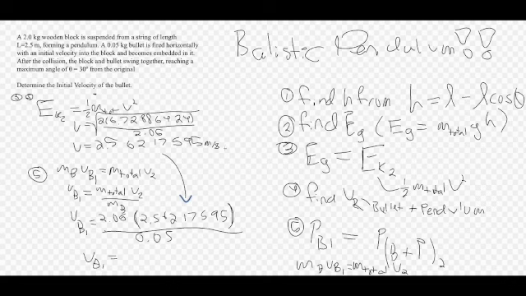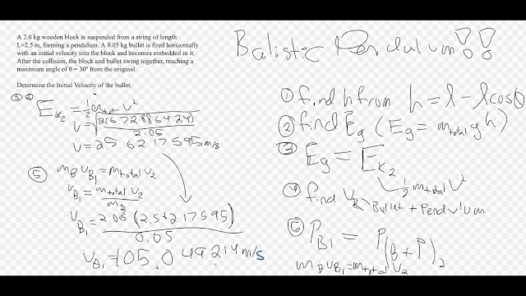In this case, it would be the block plus the bullet, since in the second event they are together and they move together. And then I divide that by the mass of the bullet. So now we can solve this equation in our calculators to find the velocity. Here's what I got after doing the calculation. Now this number is very large, 105 meters per second.